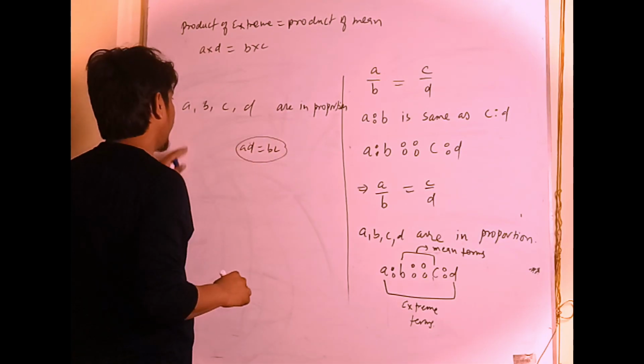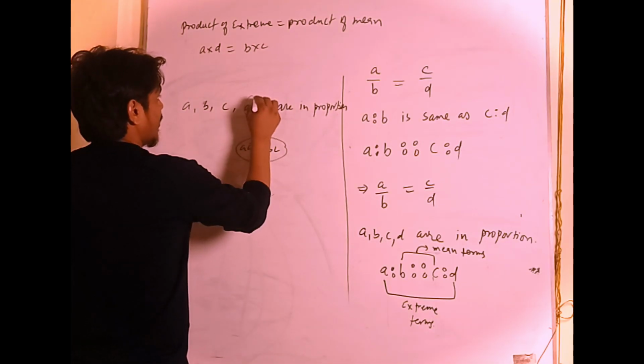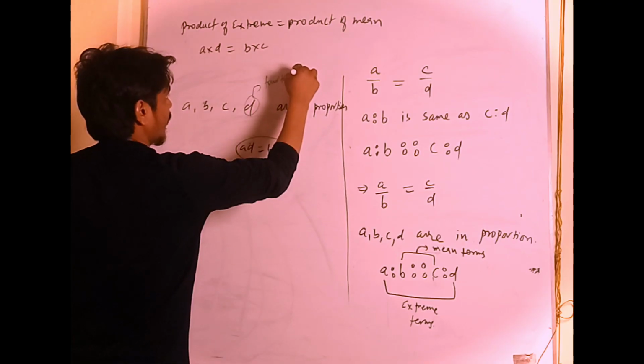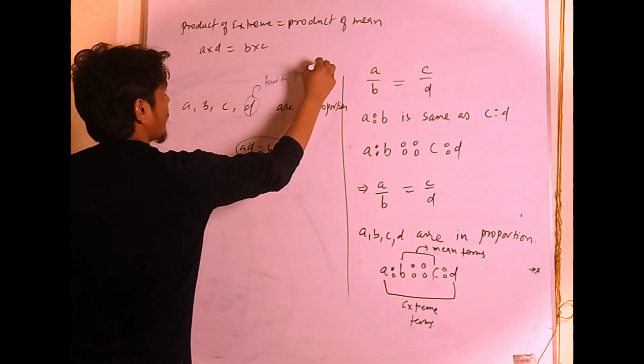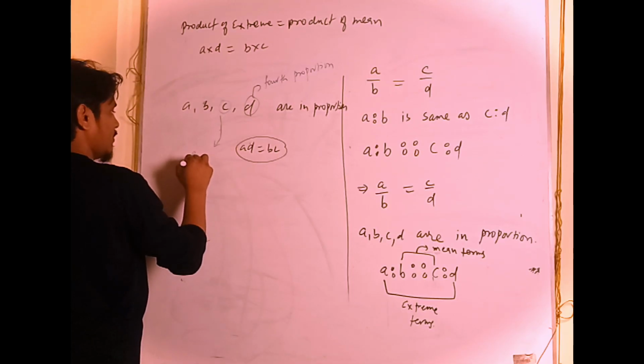Out of these four numbers, the last one we call the fourth proportion, and this one we call the third proportion.